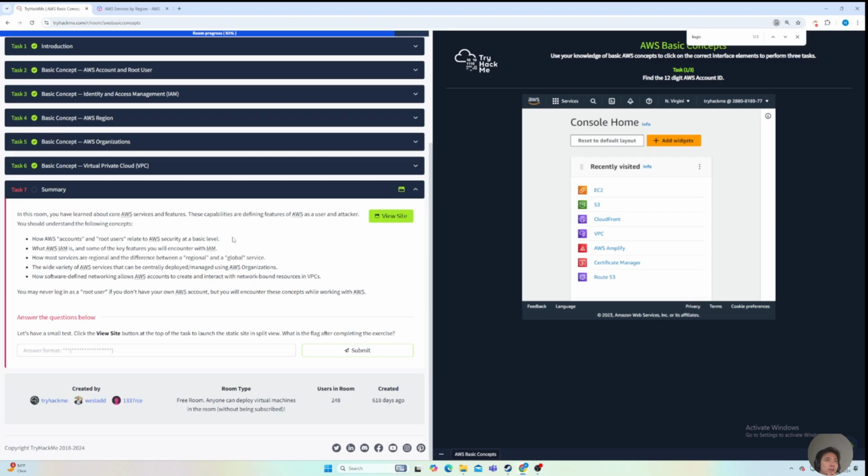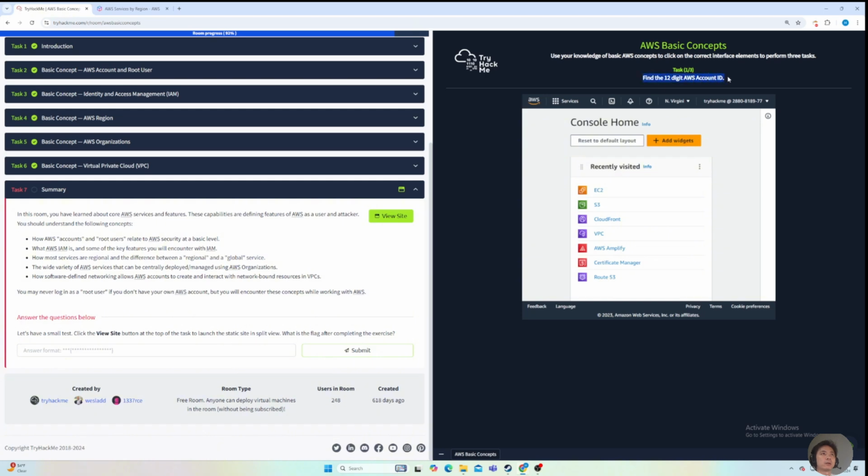Okay, what is the flag after completing this exercise? Use your knowledge of AWS concepts to click on the correct interface elements to perform 3 tasks. Find the 12 digits of the AWS account.